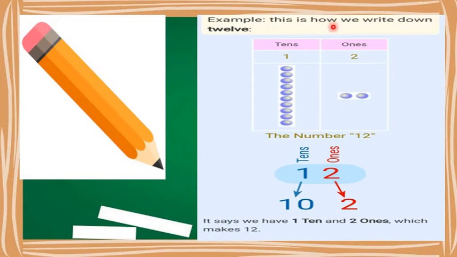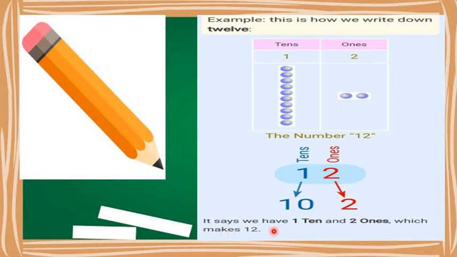Example, this is how we write down 12. Look, if we want to write down the number 12, how can we write it? At the tens place there is the number 1 and at the ones place there is the number 2. The number 12. 1 goes at the tens place and 2 goes on the place of ones.